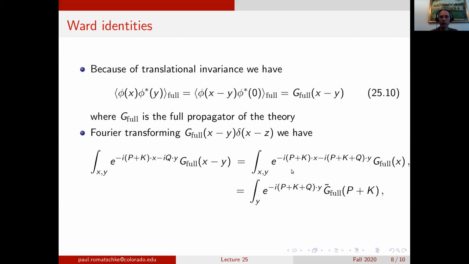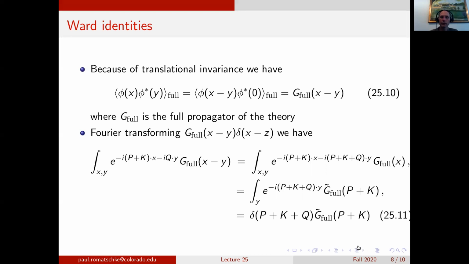And the remaining integral over y is an integral over just this exponential. And we can recognize this to be a delta function. So we find that the Fourier transform of this first term on the right-hand side of the Ward identity gives rise to the full propagator in momentum space evaluated at p plus k and a delta function.